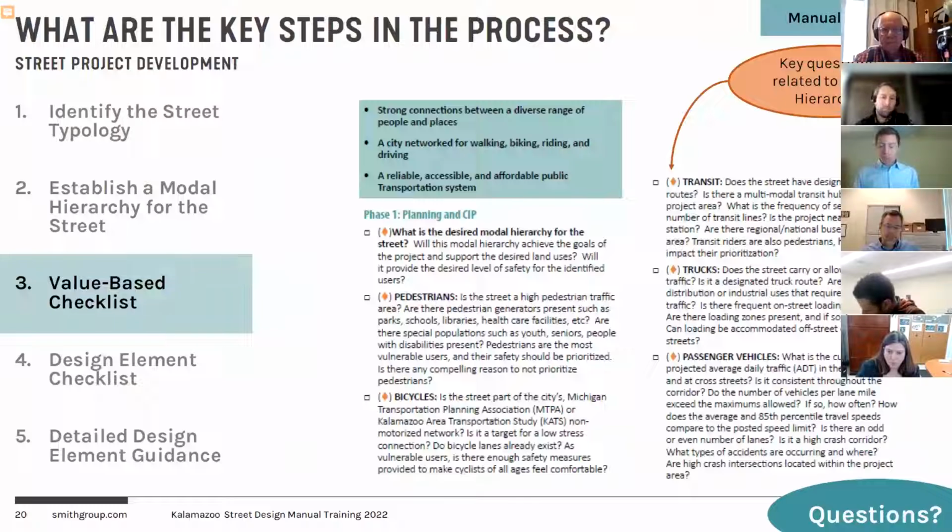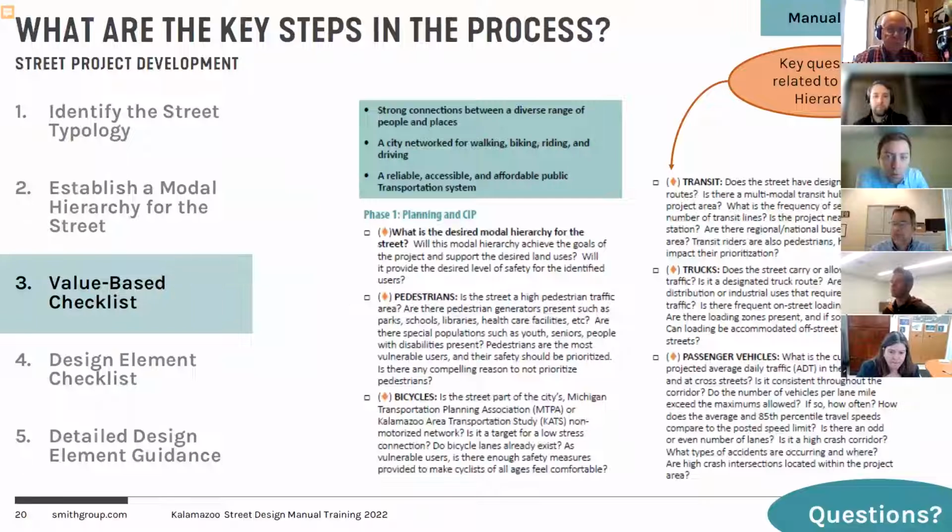But right, so goal, connected city, 3 driving points right there, strong connections between a diverse range of people and places, and so on. And then what you're seeing here is just what we call the first phase questions, because the first phase is when you want to just determine that modal hierarchy. And you can also tell the modal hierarchy specific questions because they will be called out with that little orange diamond, and they do appear underneath the different values.